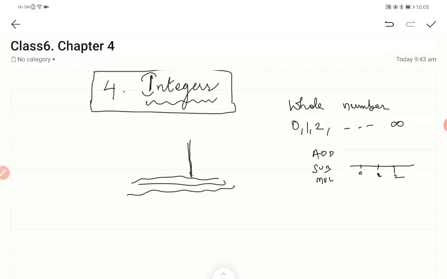So you take the sea level upwards in terms of positive numbers, and for any fish or anything inside the water, this will be your 0 level, and the depth inside the water you will represent in terms of negative numbers. So positive will represent above and negative will represent below in this situation.